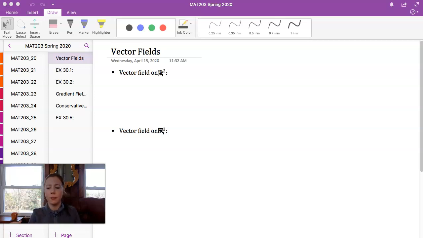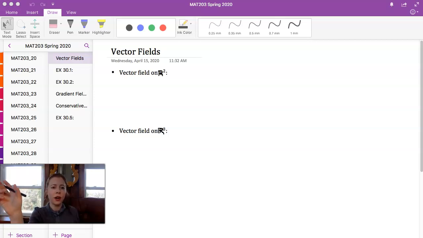So, for example, the closer you get to the sun, the stronger its gravitational pull is. And if you're drawing the magnitude, the length of a vector is its magnitude.